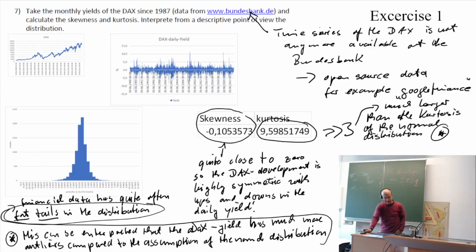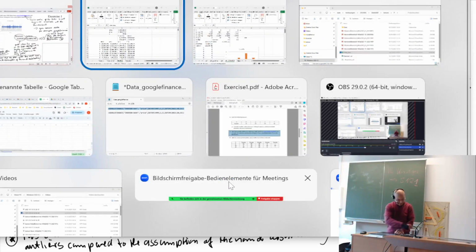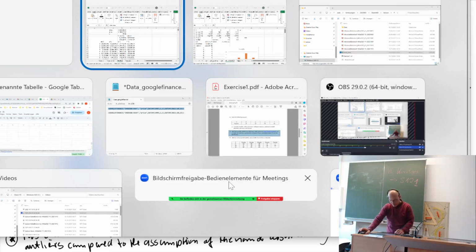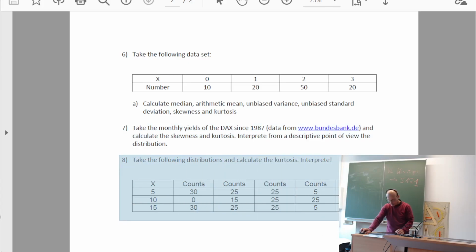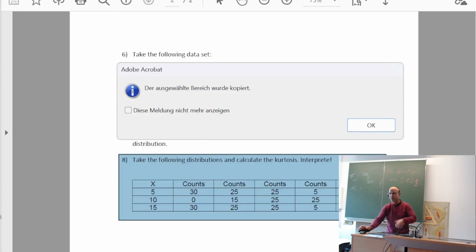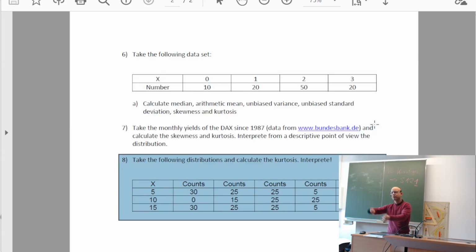Okay, and one last anecdotal example that we also have to be careful when we interpret the kurtosis, what I right now did, that a kurtosis larger than 3 would mean that we have more outliers.